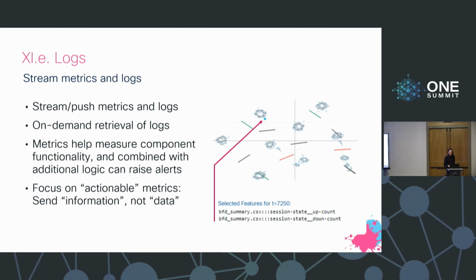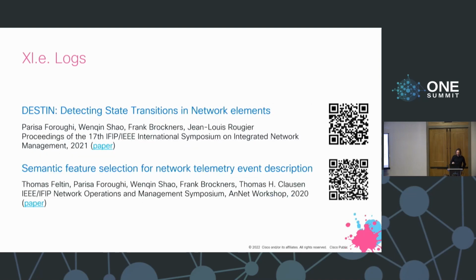We've spent a fair amount of effort on that. Two of my PhD students focused on this problem of how to filter metrics at the edge in an unsupervised way, so that if you see certain things happening, I'm only sending those metrics that are likely describing that particular event, instead of a bunch of rubbish. So don't send me 10,000 counters that all changed because an interface went down.